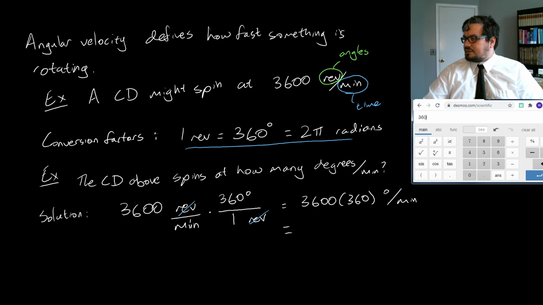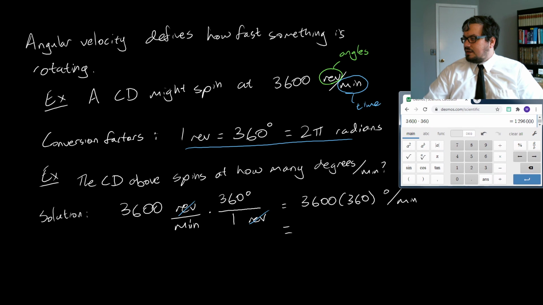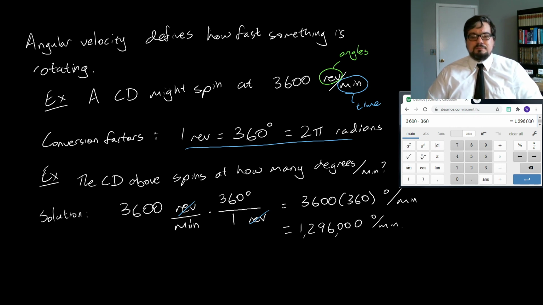So 3,600 times 360 is equal to 1,296,000. So that's 1,296,000 degrees per minute. And we can do the same thing, convert it into radians per minute or radians per second or per hour, or do any of the conversions that we would like that way.